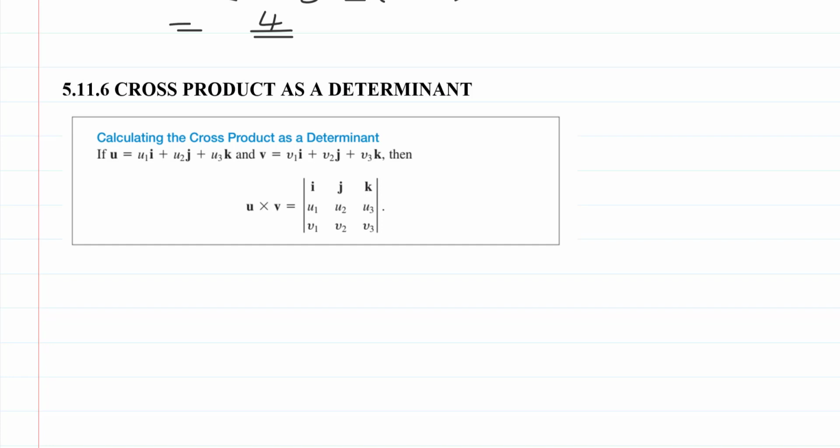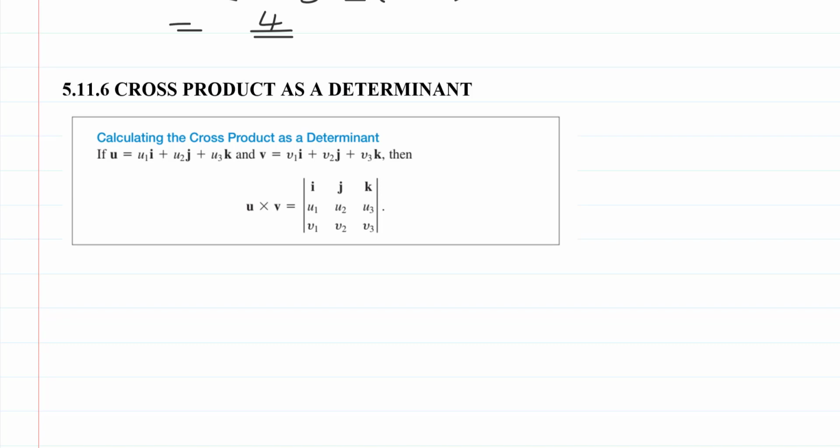Okay guys, so if you're given two vectors in component form or as a linear combination of the standard unit vectors, you can find the cross product of the two vectors as a determinant.